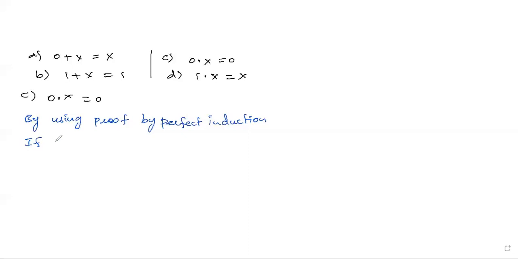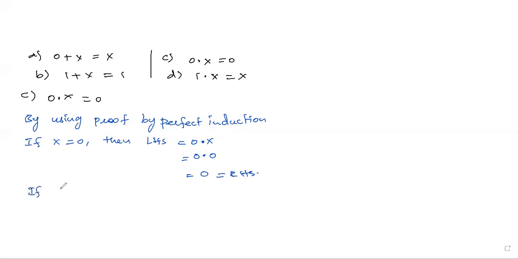See, if the x value is 0, then for LHS, I'm going to take 0 and x. I'm going to substitute the x value as 0. 0 and 0 will be 0, which is RHS.